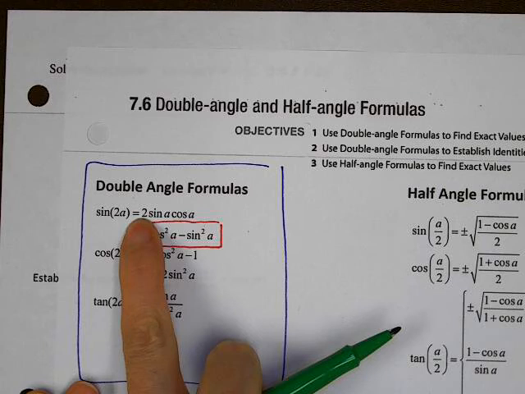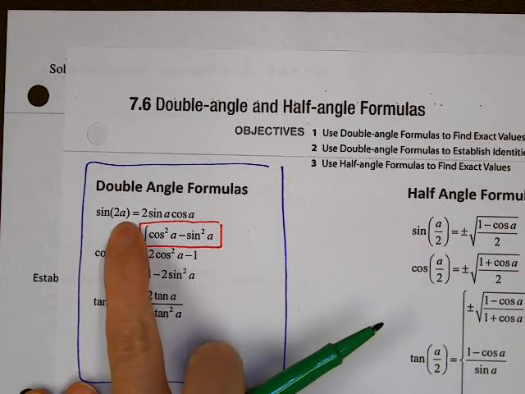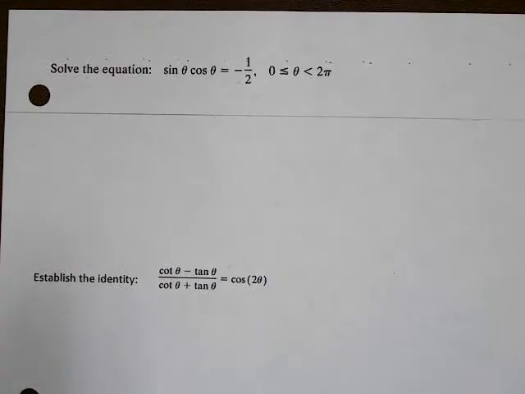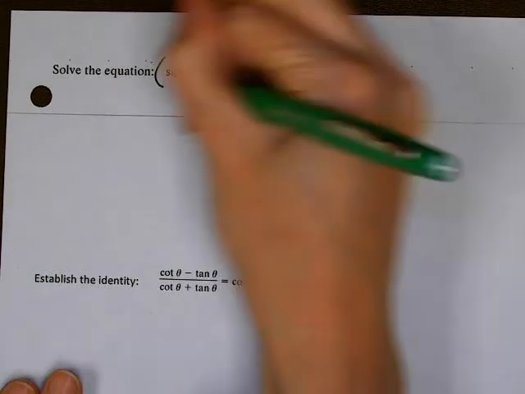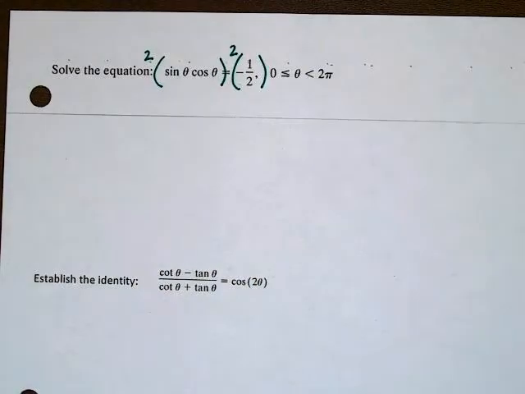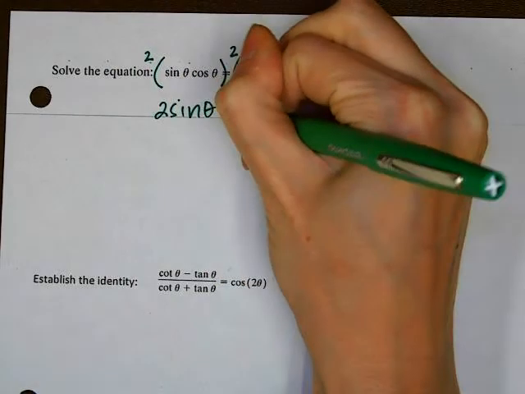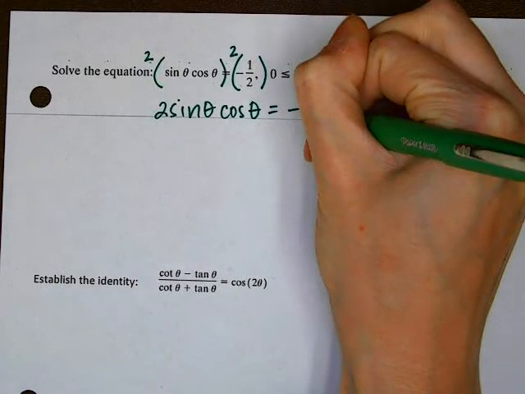If there was just a 2 out front, then we could replace it with the sine double angle identity. So what if we just multiplied both sides by 2? That's legal. We can multiply both sides by 2. Then we have 2 sine theta cosine theta equals -1.